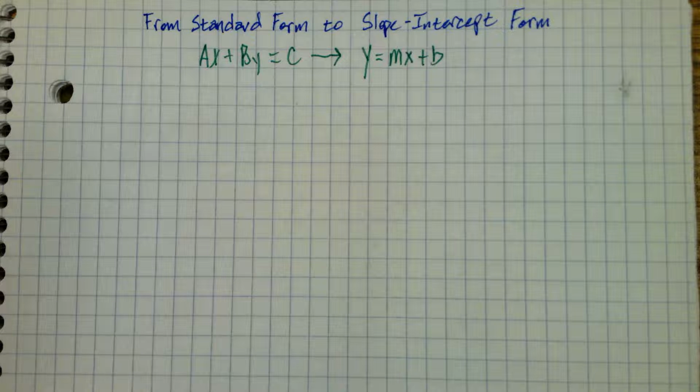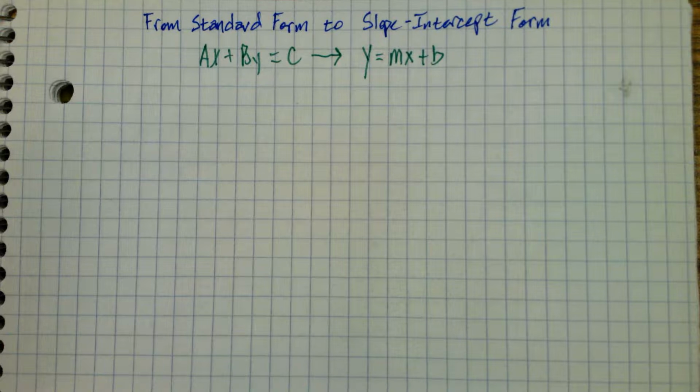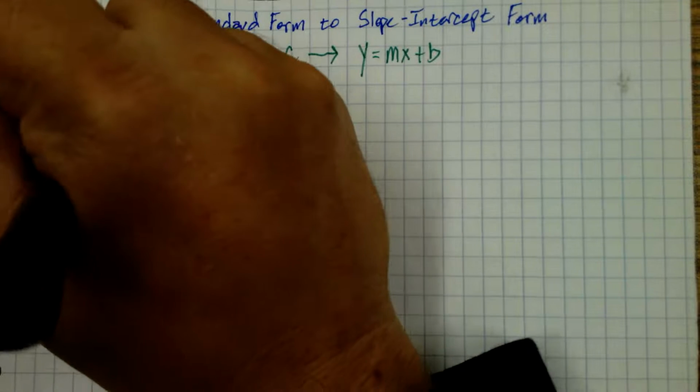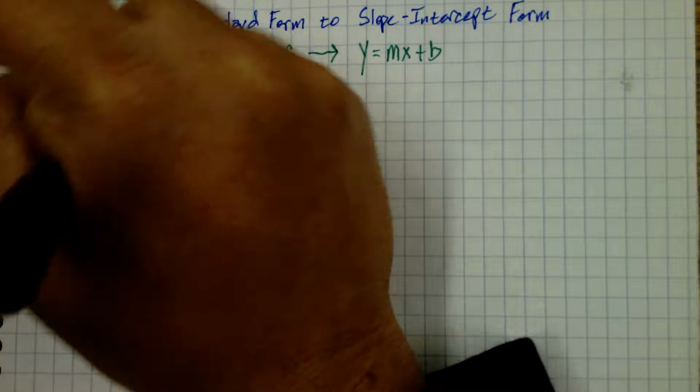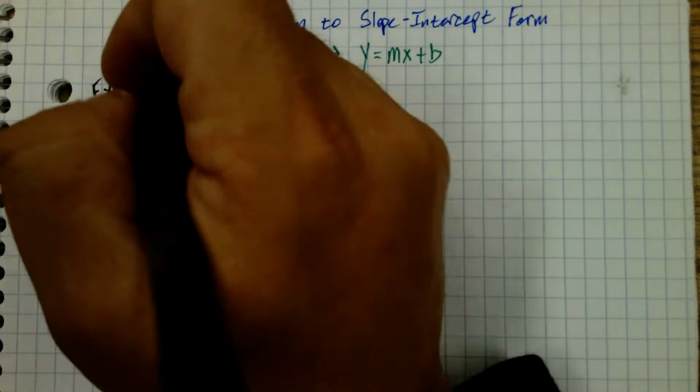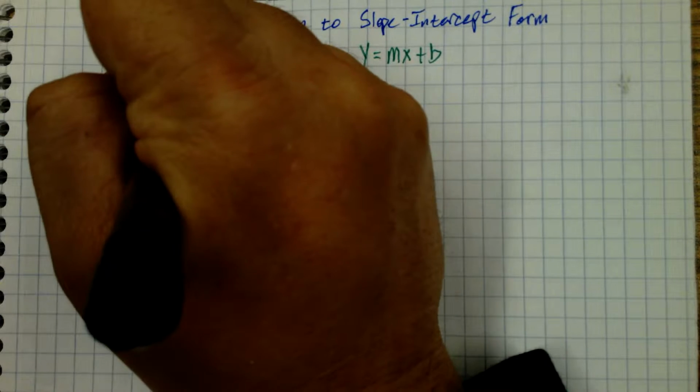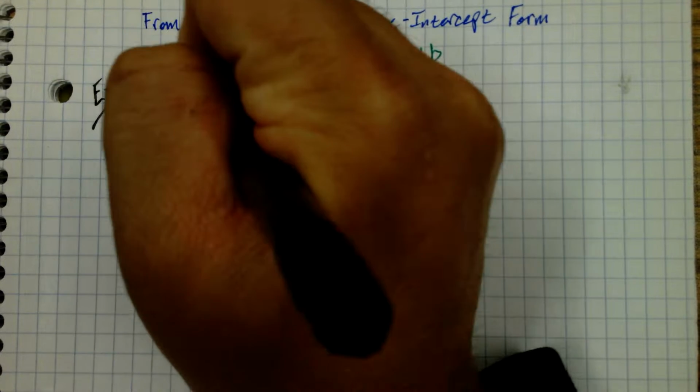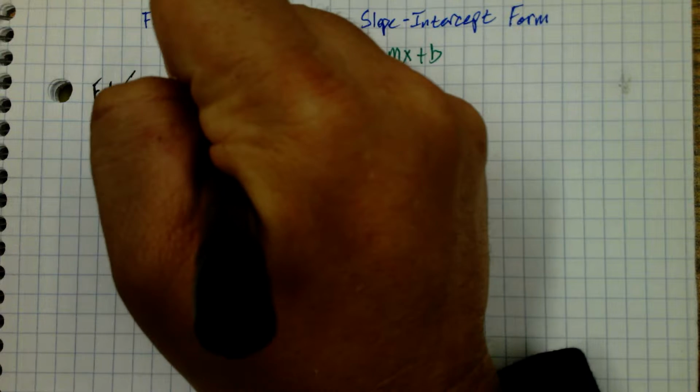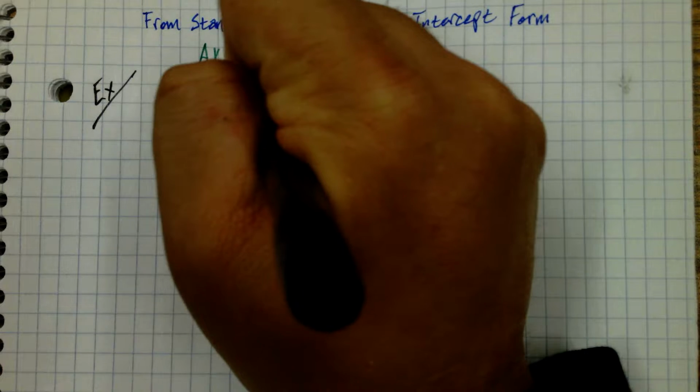So let's start with this equation. The first equation as an example that we're going to do is negative 3x plus 2y equals 8.